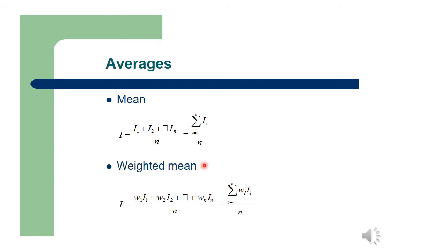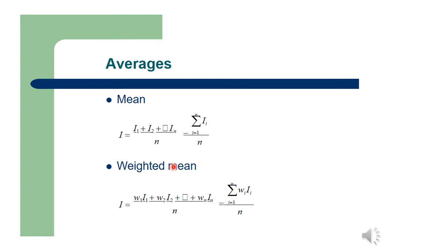And here is another terminology, mean, which you all know: you add a bunch of items and you divide by the number of items and you have the mean. And there is another term which is called weighted mean.